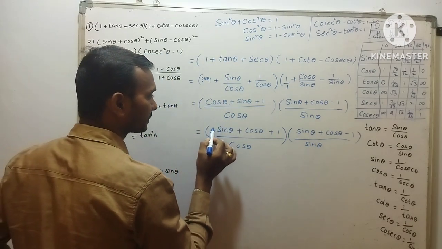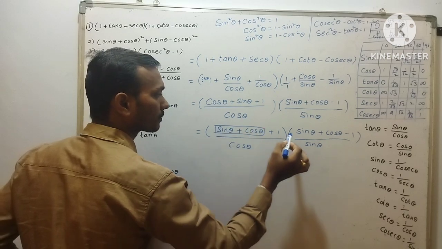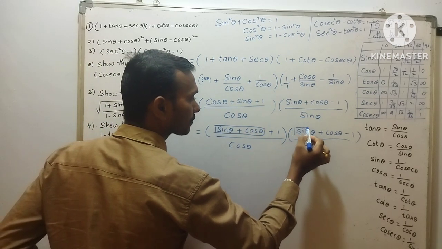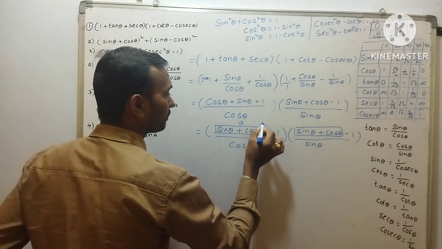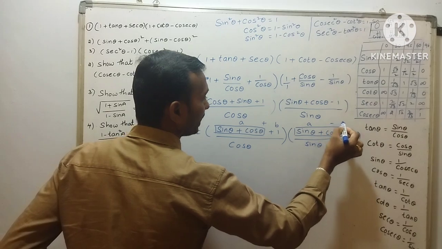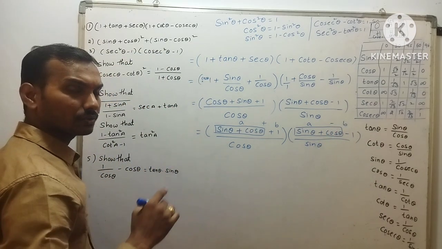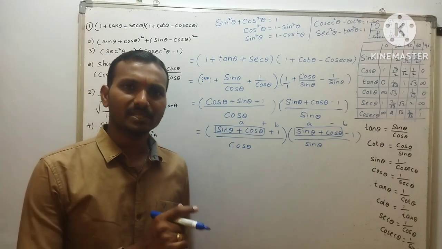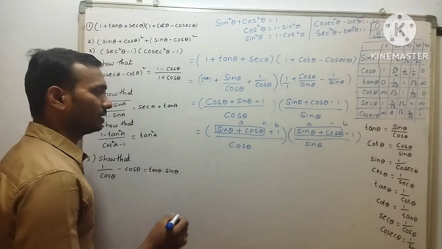Now you observe this. It is looking like A plus B into A minus B. A plus B into A minus B is nothing but A square minus B square.